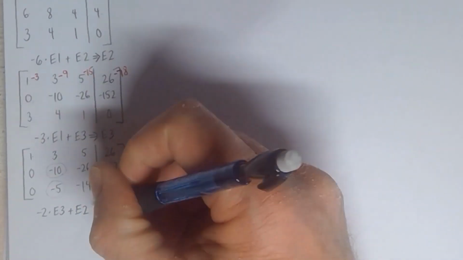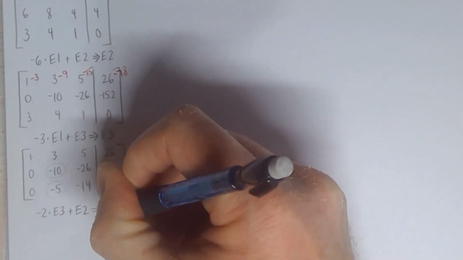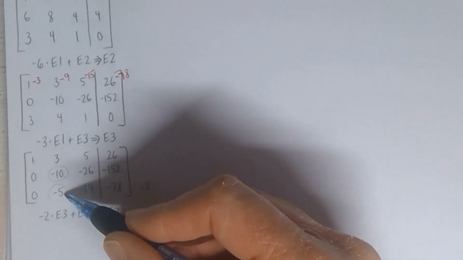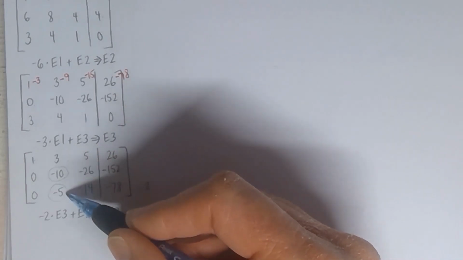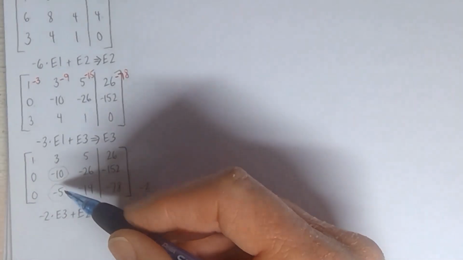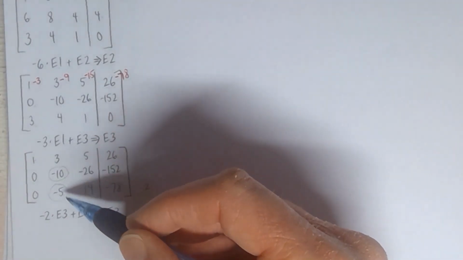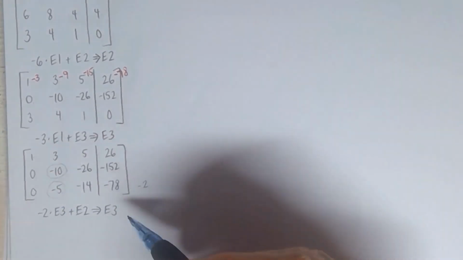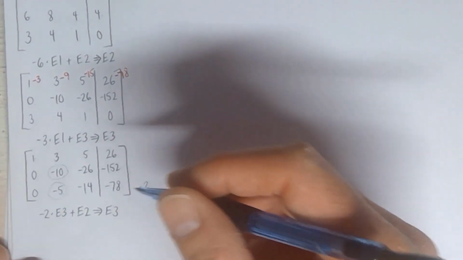But then we want that result to be in the third row because we want the third row to have the 0 right there. So combining those together, they'll cancel. It'll give me a 0, equal to 0 when I add them together. Same thing as canceling as we talked about. But then we want that 0 to go here. So that's why the result will go in the third row.